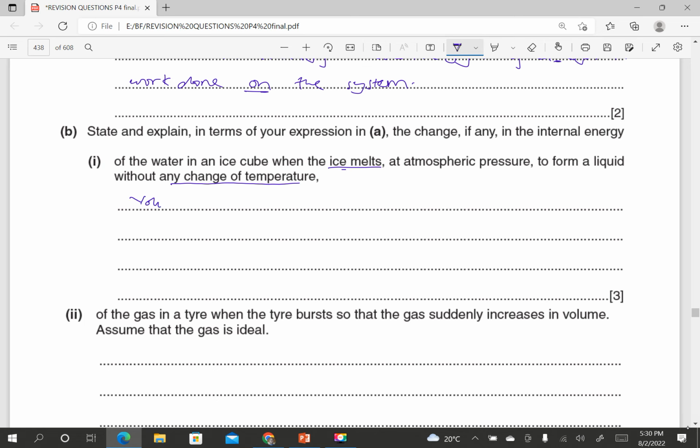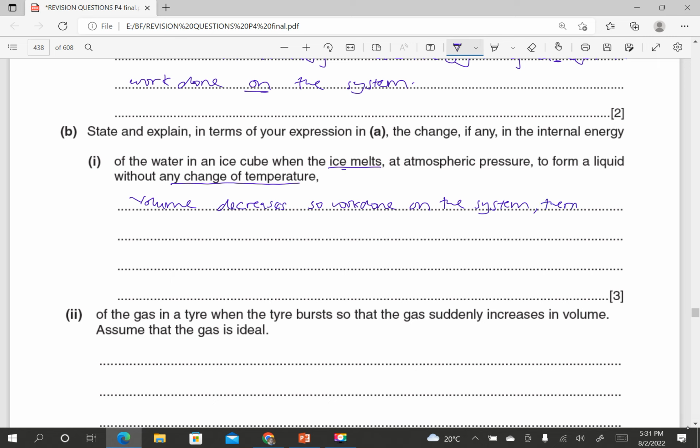So the volume slightly decreases, so work is done on the system.